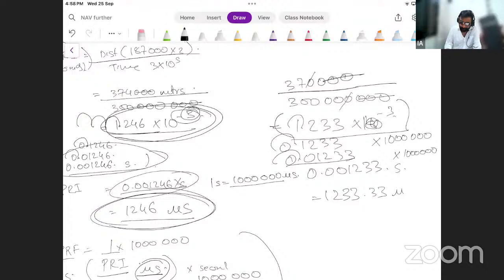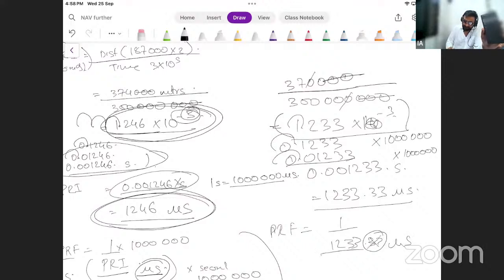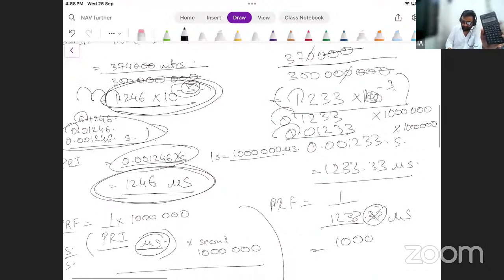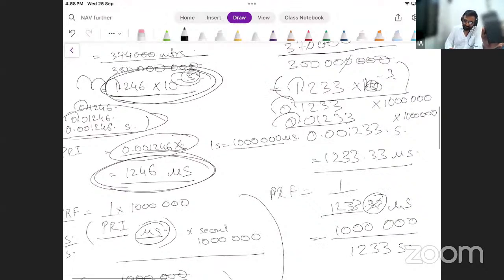All right, like this. PRF again is equal to 1 upon 1233.33 microseconds. So you round it off, 1233 microseconds. In seconds, it will be 1,000 upon 1233 seconds.